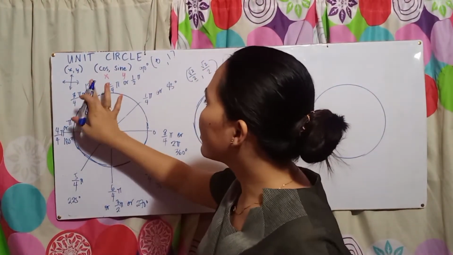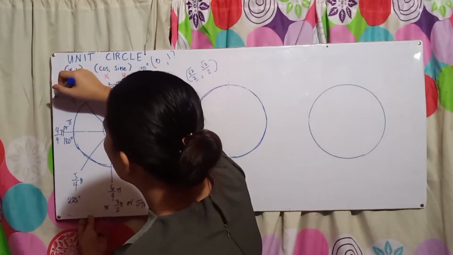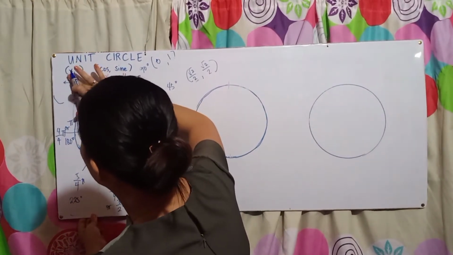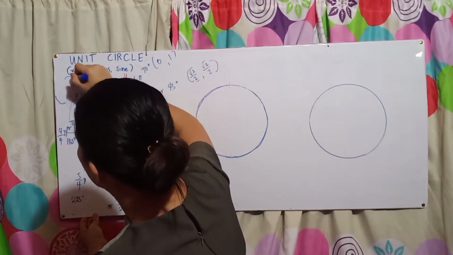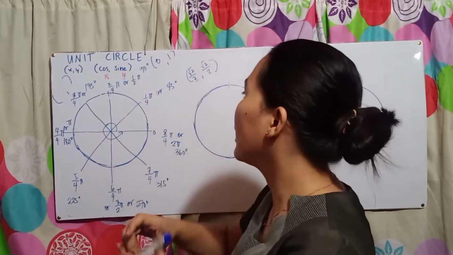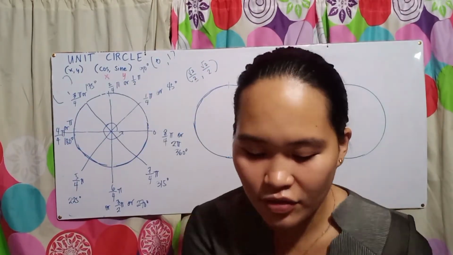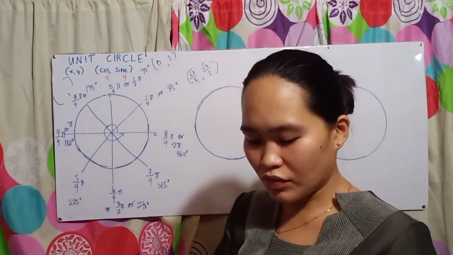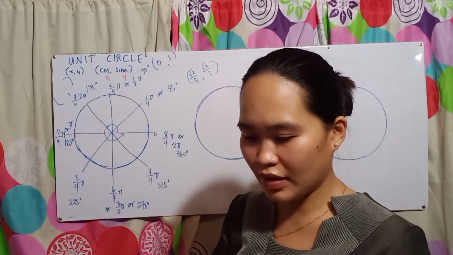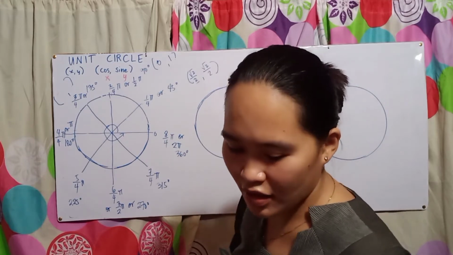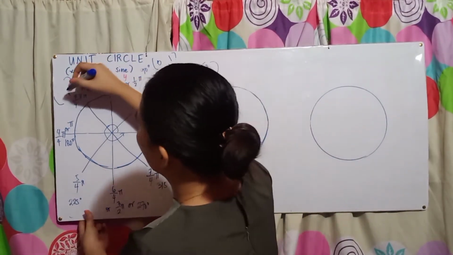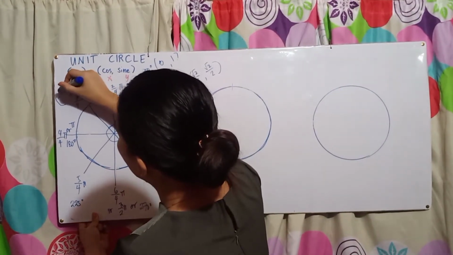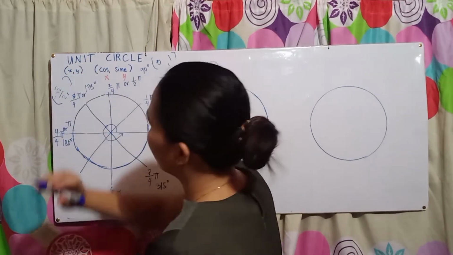Next, here at 135. We follow the same order, cos and sine. So cos 135 is negative square root of 2 over 2.